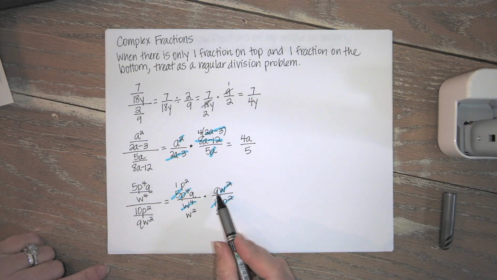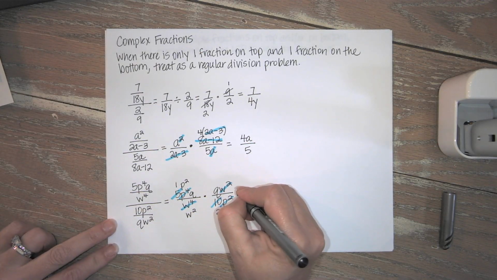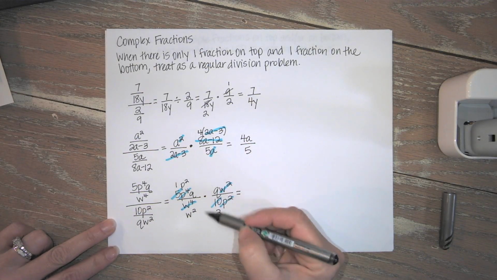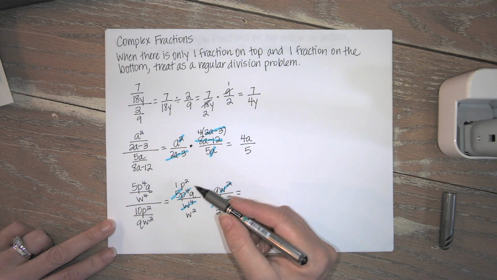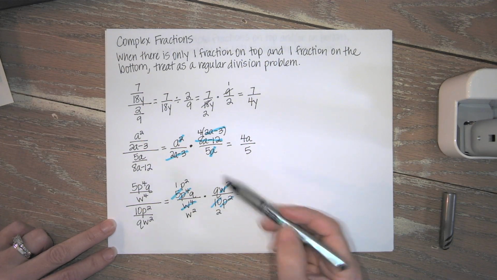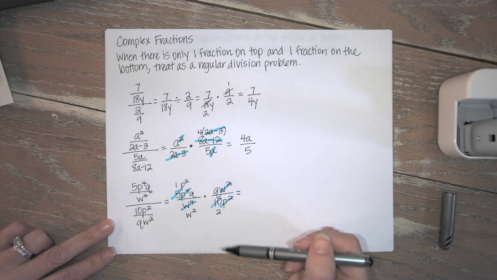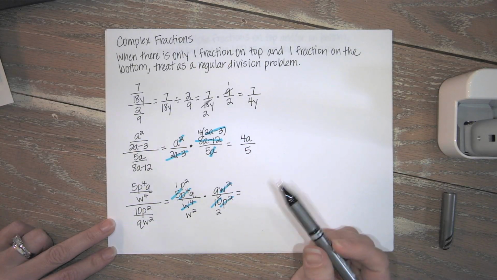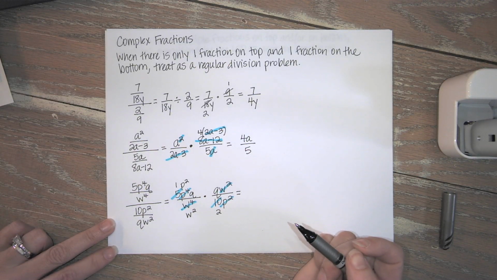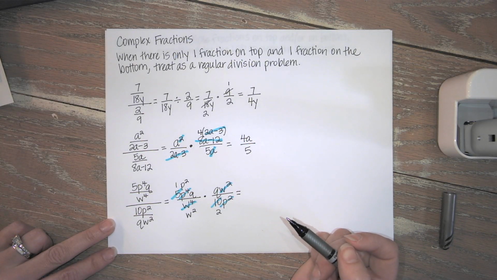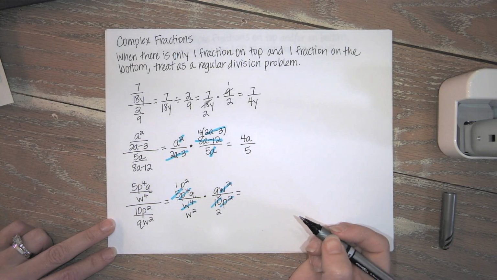The q's will not cancel. They're both on the top. We can only cancel when one's on top and one's on bottom, because essentially when we're canceling, what we're saying is those are equal to 1 when you have the same thing on top and bottom, because anything over itself is 1. I think I've simplified everything I can simplify. So I'm going to see what's left.